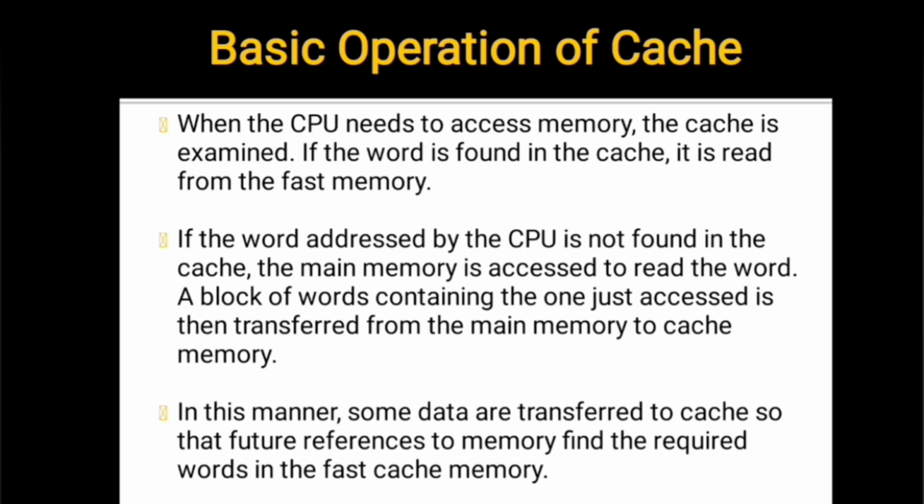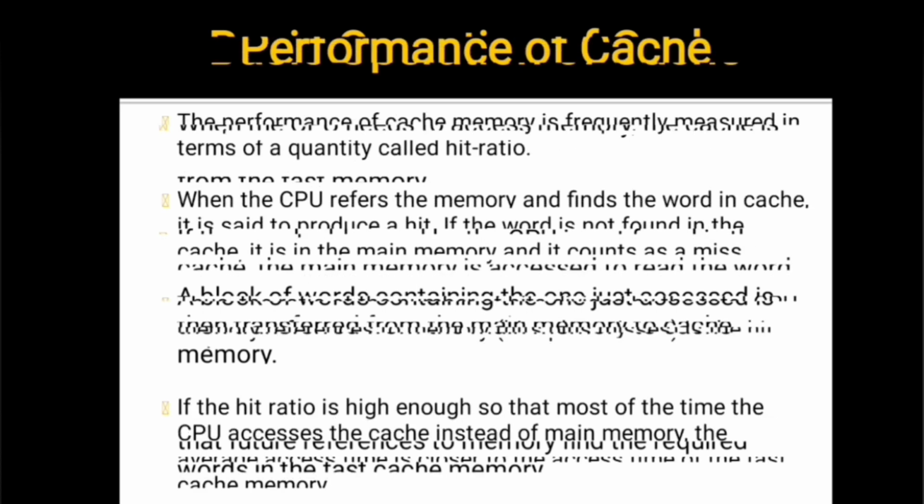As I have already said, just in case such memory references come again in the near future, or the CPU wants to read this data again, then rather than reading that word from the main memory, it will be read directly from the cache memory. So in this manner, some data are transferred to cache so that any future references to memory can find the required words in this fast cache memory.